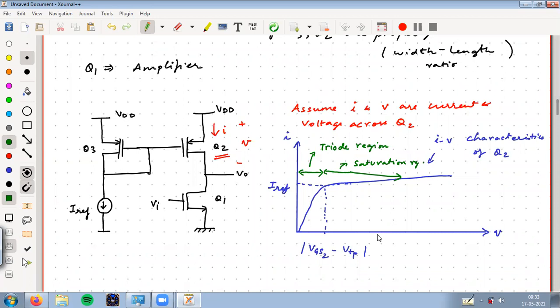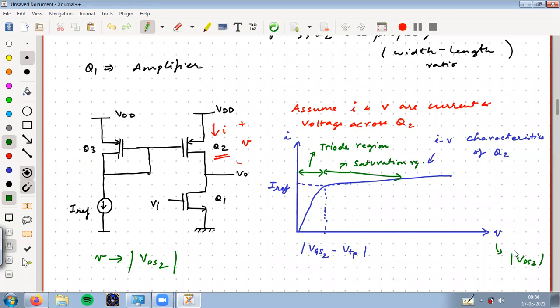So when I write this as V here, you can say that V here is actually mod VDS2, because I'm measuring V across the source and drain of Q2. So this is actually mod VDS2, to indicate that it is of transistor Q2.